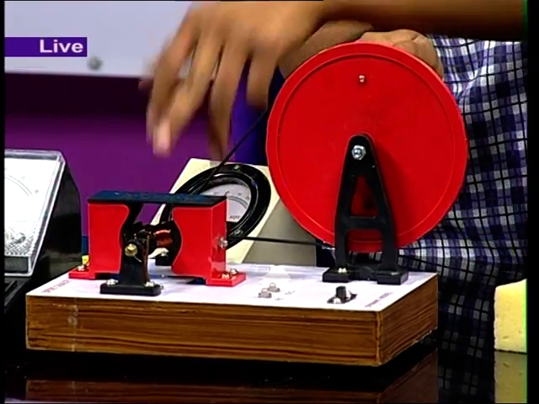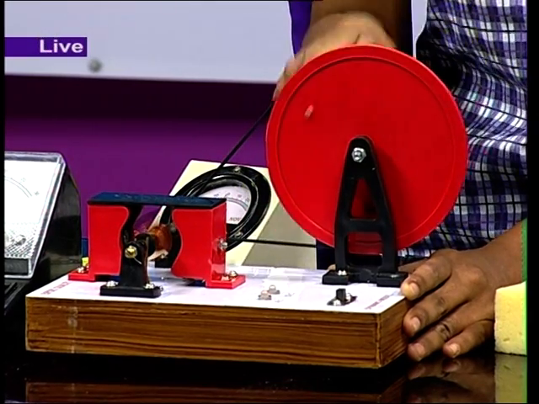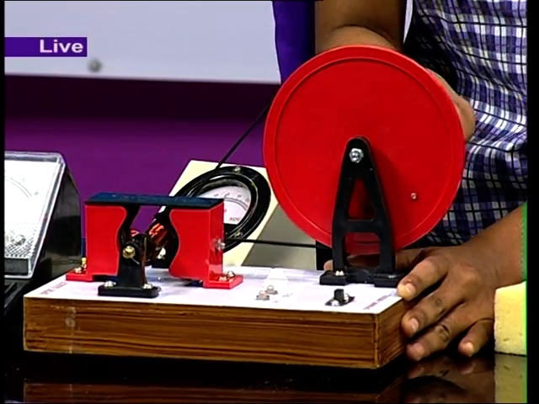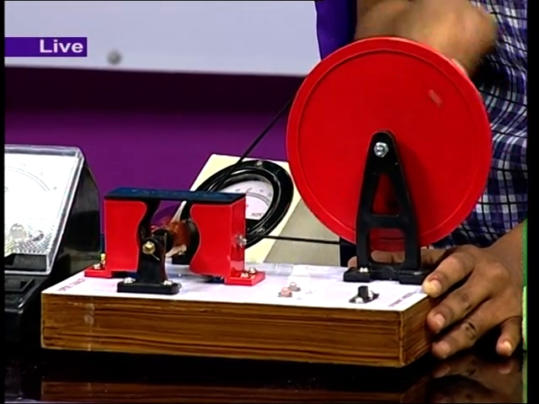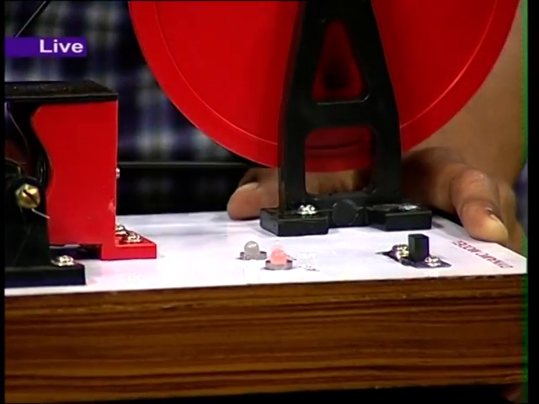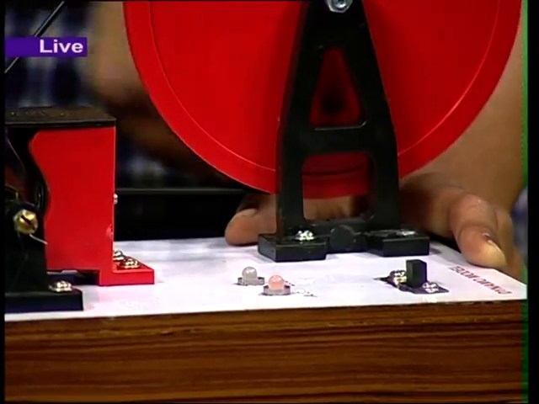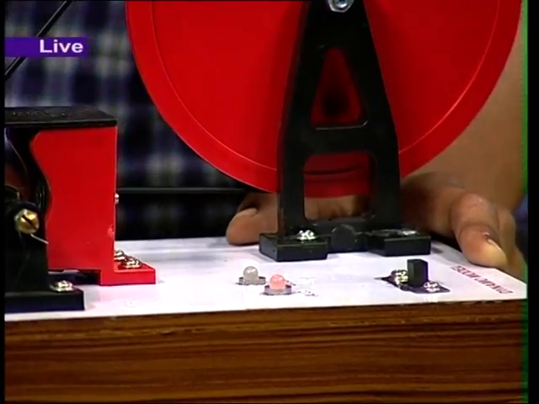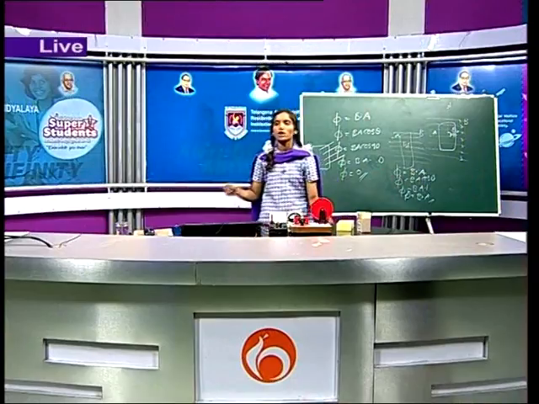While I am rotating the wheel, current is automatically induced. Can you see the light glowing in this? Why is the light glowing? It is because the electricity is induced within the coil. That is why the light is glowing. Are you clear on your doubt?